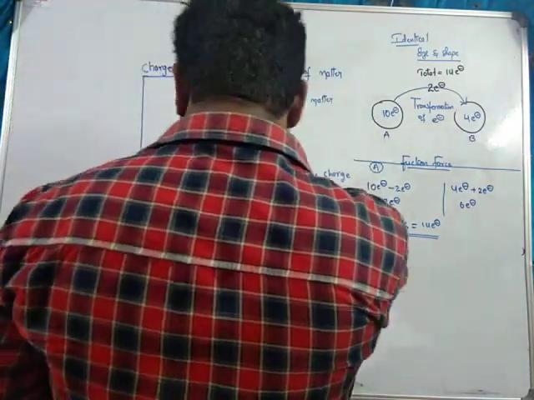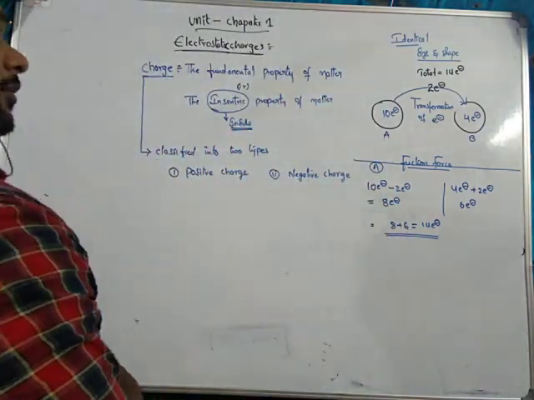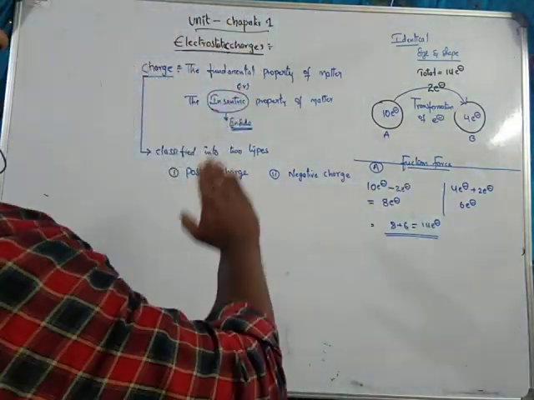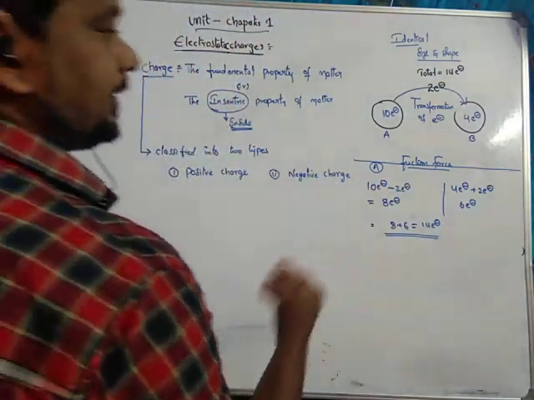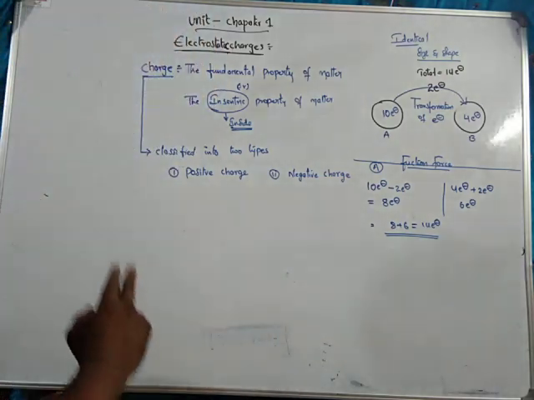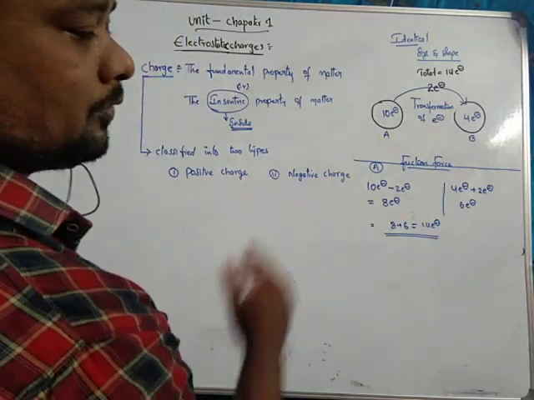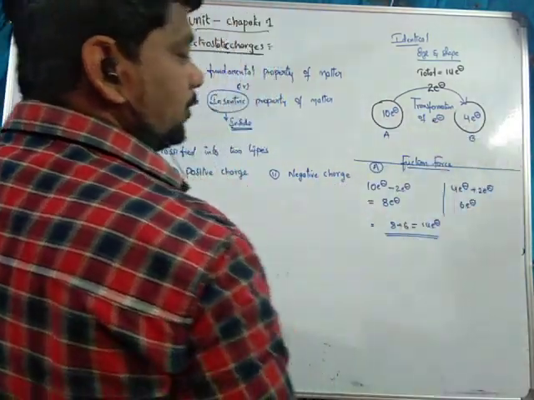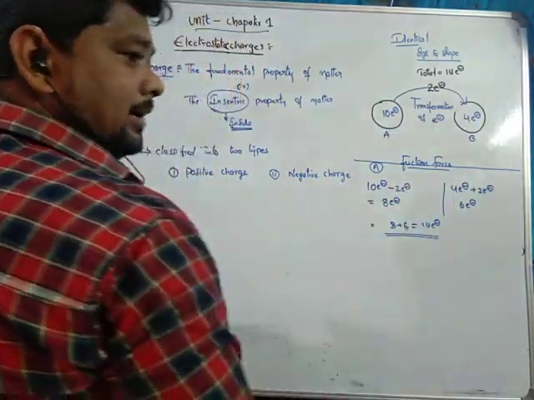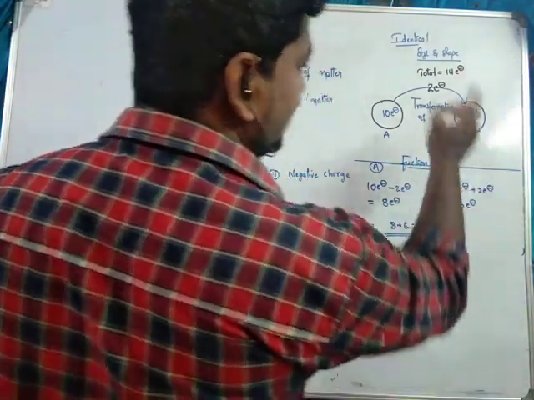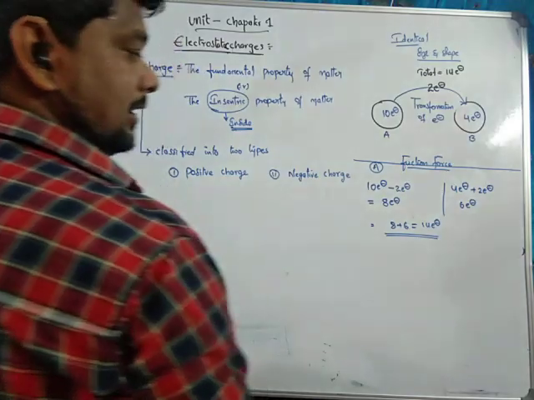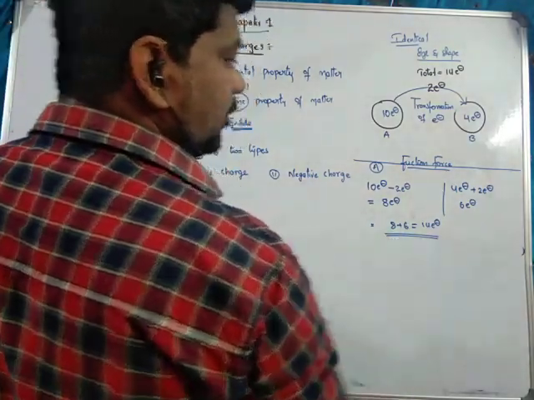A has 10 electrons, B has 4 electrons. When we apply frictional force, there is a transfer of electrons. So 2 electrons are transferred from 10 to 4. There is a minus 2 in A, while 4 is added with 2 electrons. So 8 plus 6 will be the net. In total we get 14 electrons.